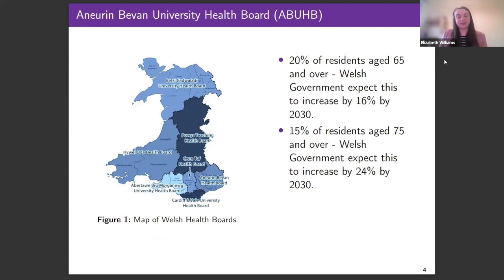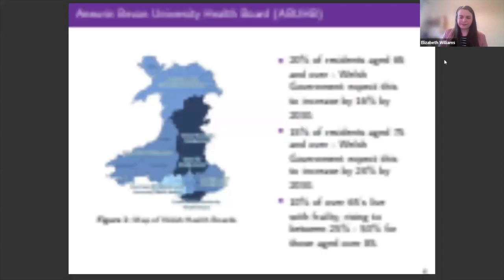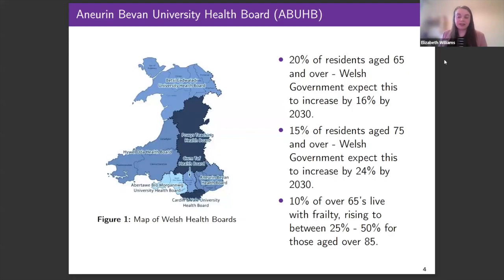When we break it down further, 15% are actually aged 75 and over, and the Welsh Government expects this to increase by 24% over the next 5 years. And then finally, 10% of over 65s in the UK live with frailty, and this rises to between 25 and 50% for those who are aged over 85. So this is a big issue. It's not going away, and not much research has really been done into this kind of patient management.